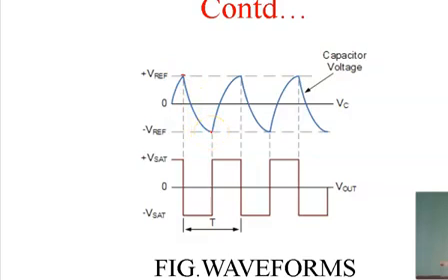Once it discharges and reaches the reference voltage minus beta V saturation, the output voltage switches from minus V saturation to plus V saturation. Like this, the process continues and it results in the generation of a square wave.